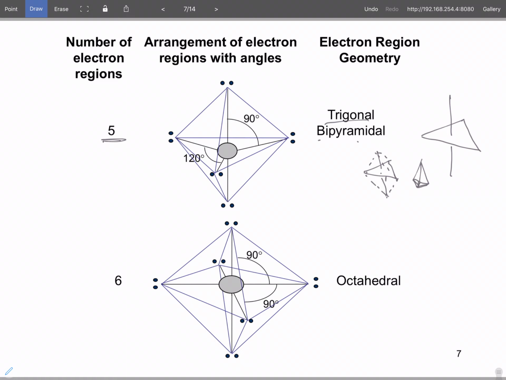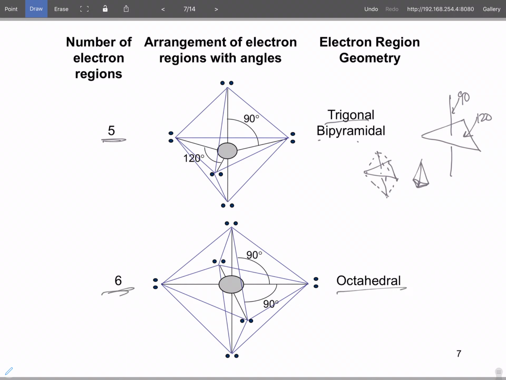Now, the trick to this is these angles, since it's a triangle, are 120, but these angles are 90 degrees to the plane. So with this one, you have to designate which species is going where to designate the angles. More about that shortly.